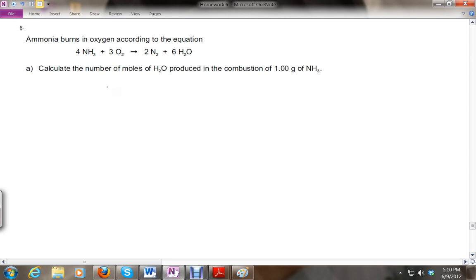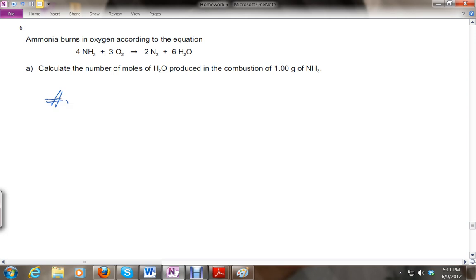Because I stapled it wrong, I need to have the results handy so I don't waste time on the calculations. 4 moles of ammonia react with 3 O2, giving 2 moles of nitrogen gas plus 6 moles of water. Calculate the number of moles of water.